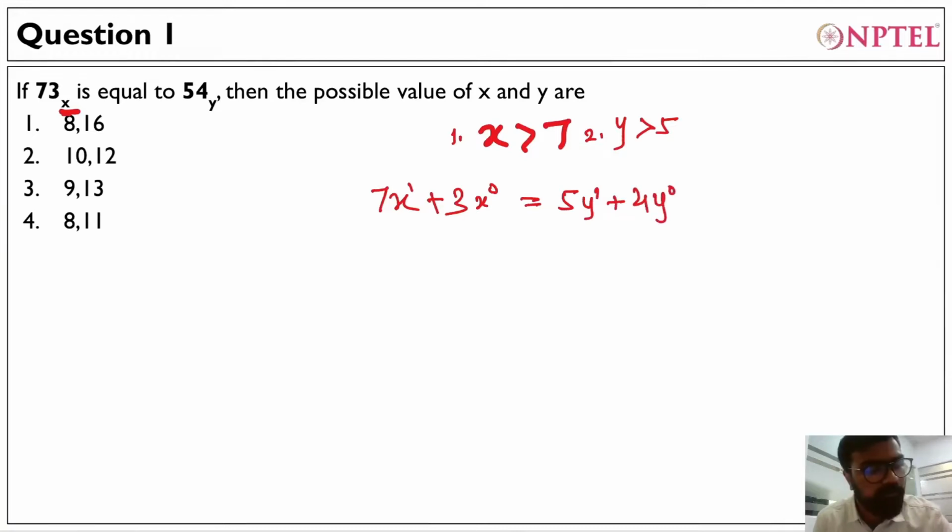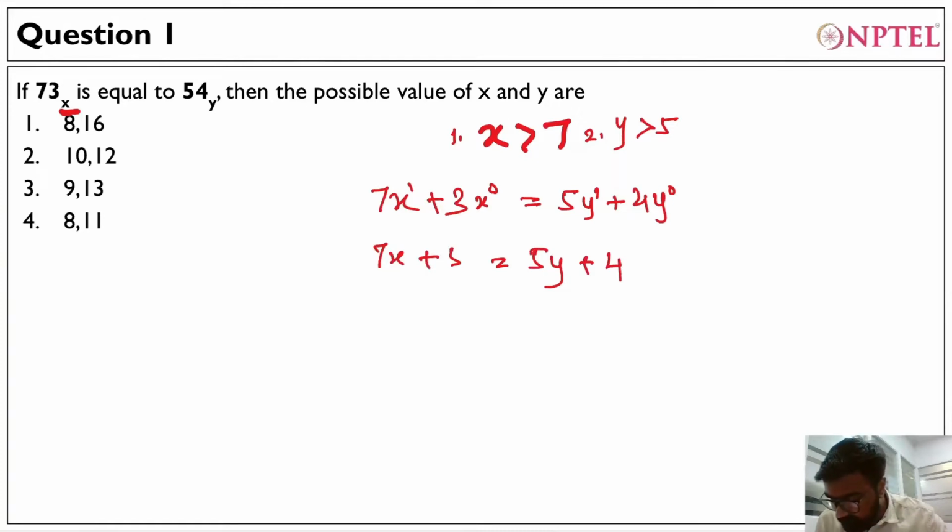This is how you can write it, and let us derive an equation. So 7x plus 3 is equal to 5y plus 4. If I rearrange it, it will be 7x minus 5y is equal to 1.